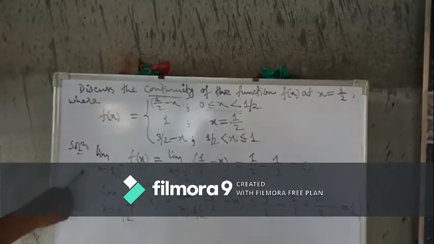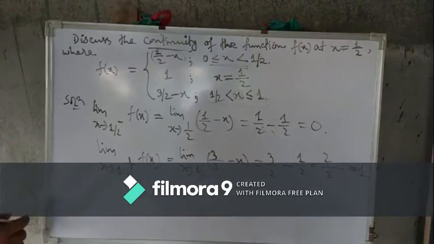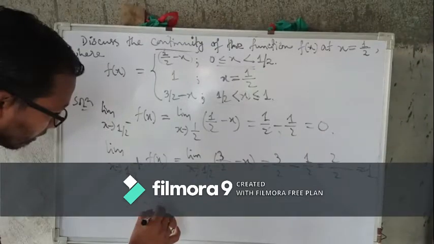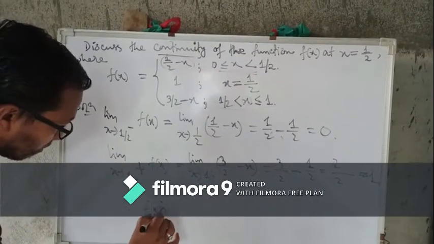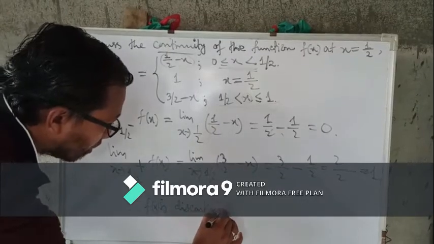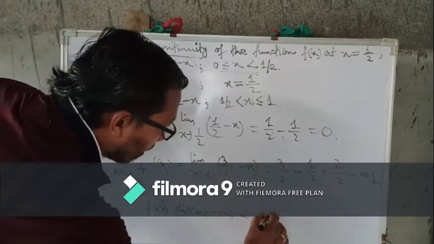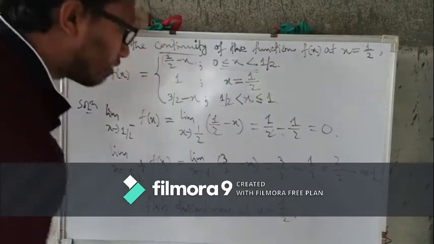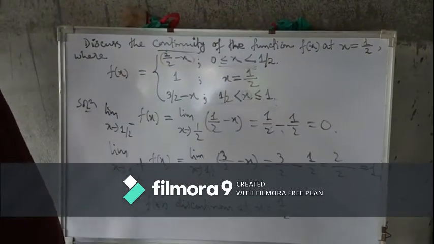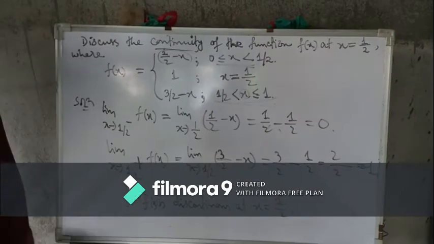That means the left hand limit and right hand limit are not equal, therefore f(x) is discontinuous at x equal to half. We do not need to go to the third part, that means we are not going to find f of half, because here we got our result.